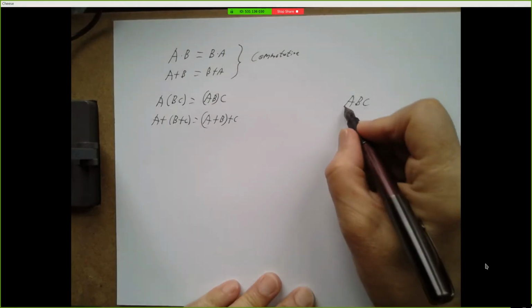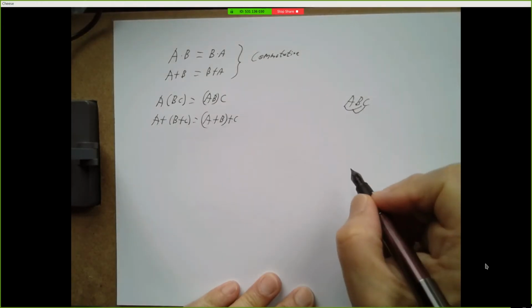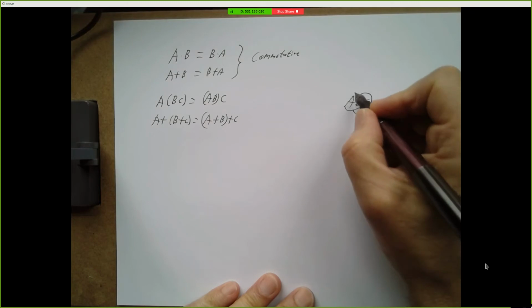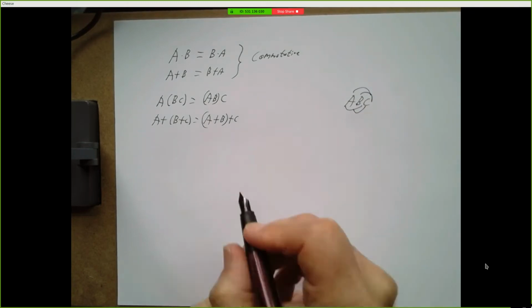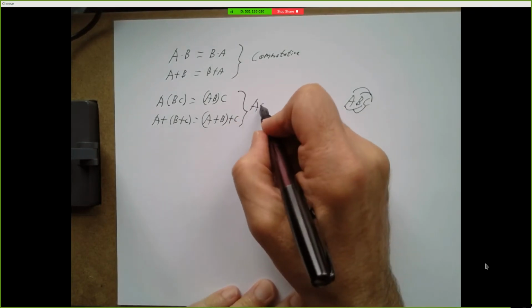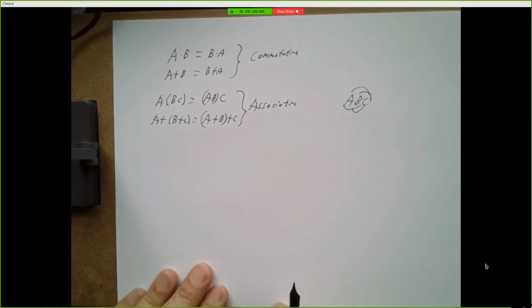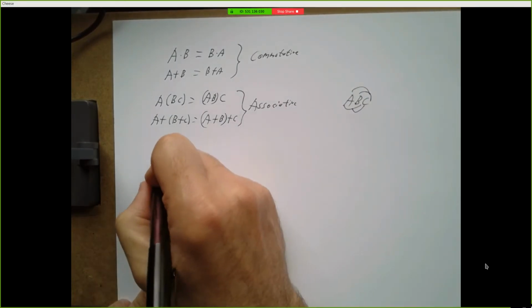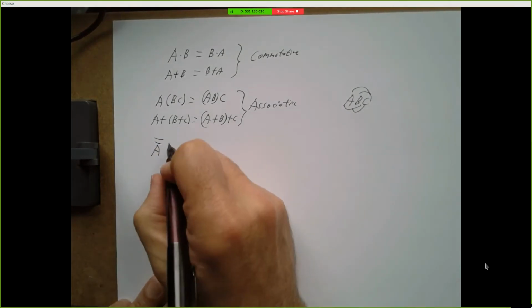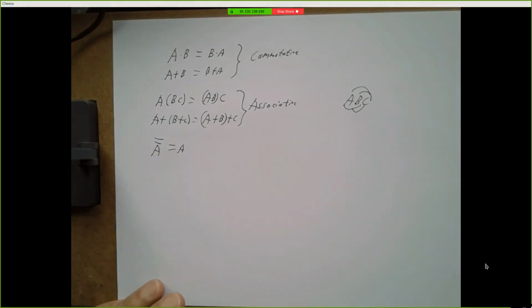It doesn't matter if we AND these first and then AND the result with C, or we AND B with C and then AND A with that result. So this is a property called being associative. If we take a bit and we negate it twice, we end up with just the original bit. That's something called double negation. So negating 0 gives you 1, negating it again gives you 0.